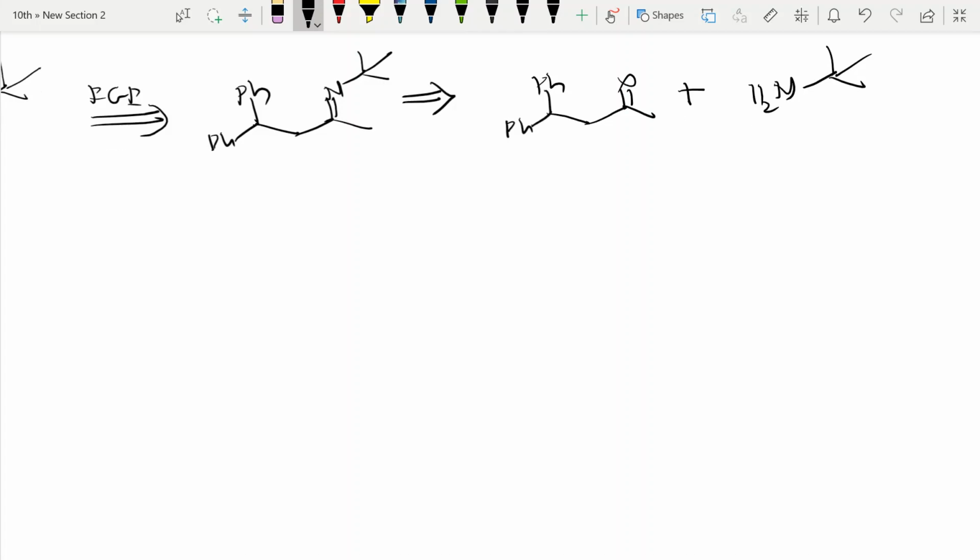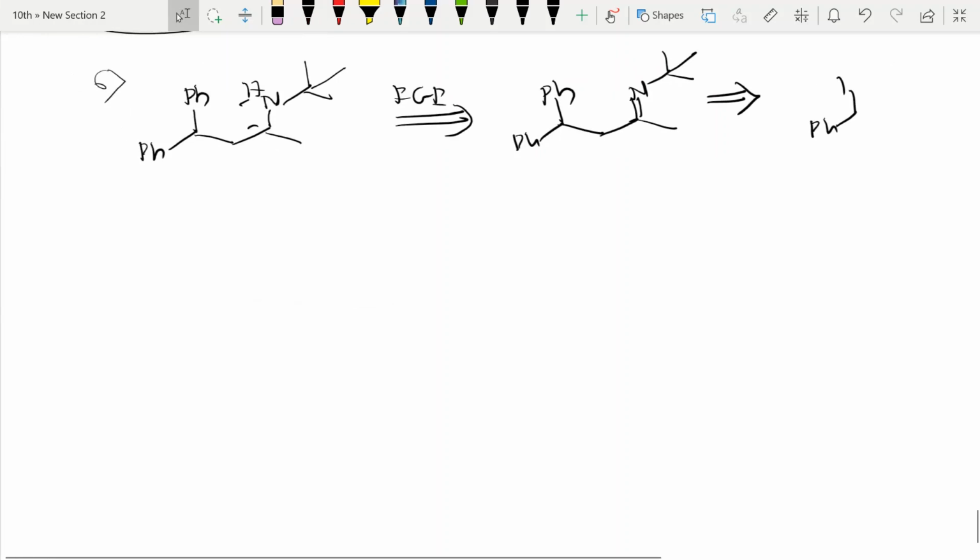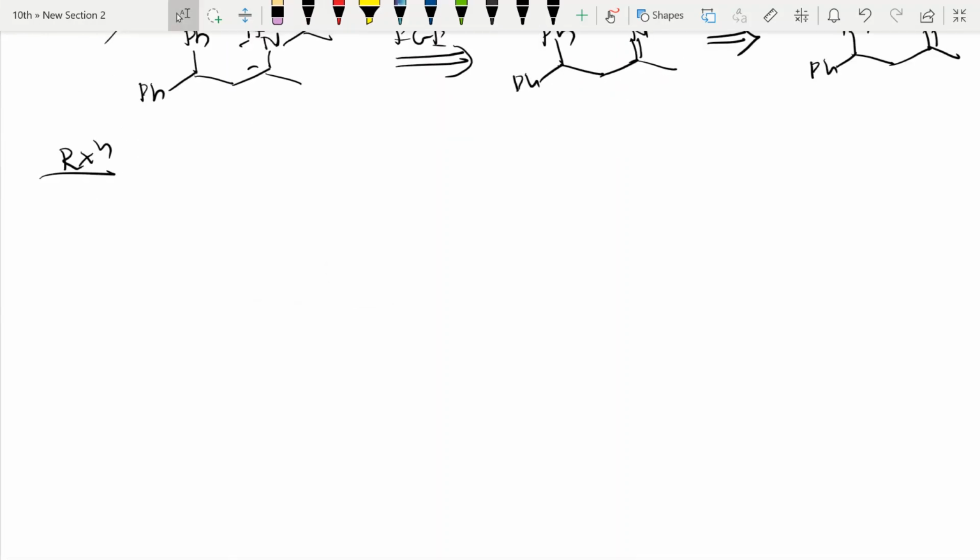So if I want to write the reaction, with the last one I got, with that only I will write the reaction. So for the reaction I am going to use a single arrow. See here, Ph, CH2, CO, CH3. To this I am going to add H2N tertiary butyl.